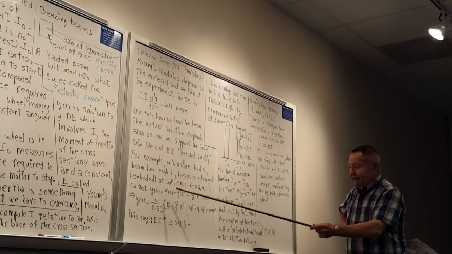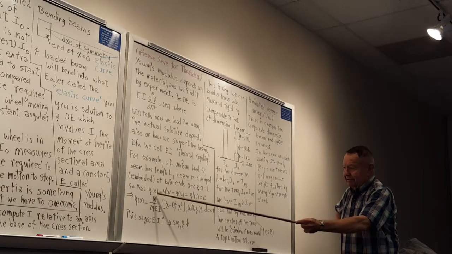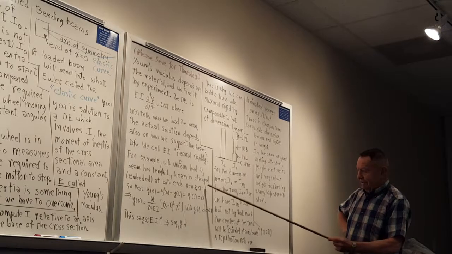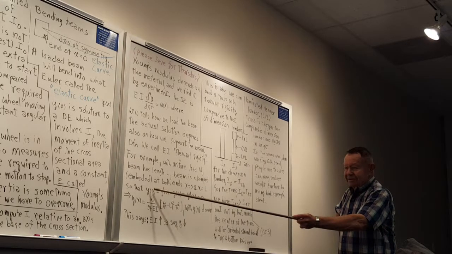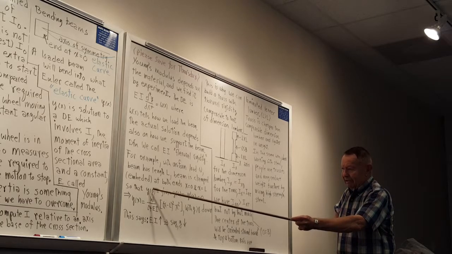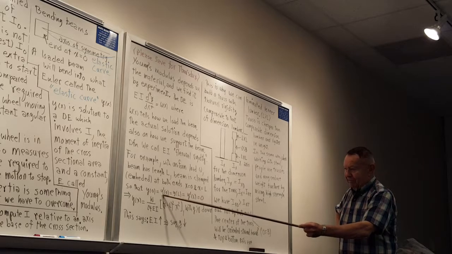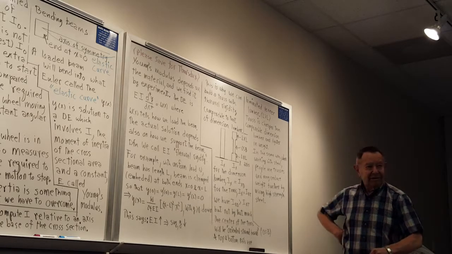So if you suppose it's clamped or embedded at both ends, the ends are where x is 0 and x is L, then if it's clamped at both ends, then y of 0 and y prime of 0 and y of L and y prime of L are all 0.